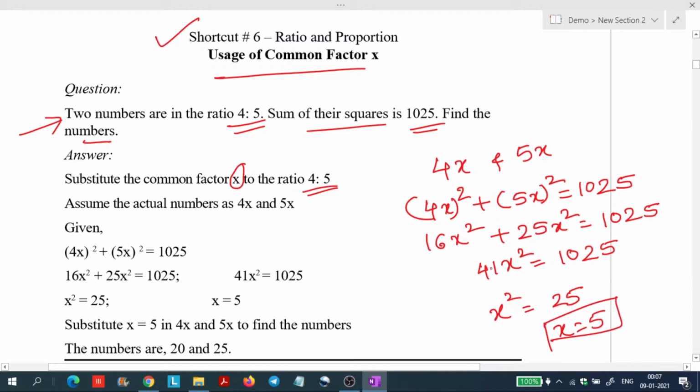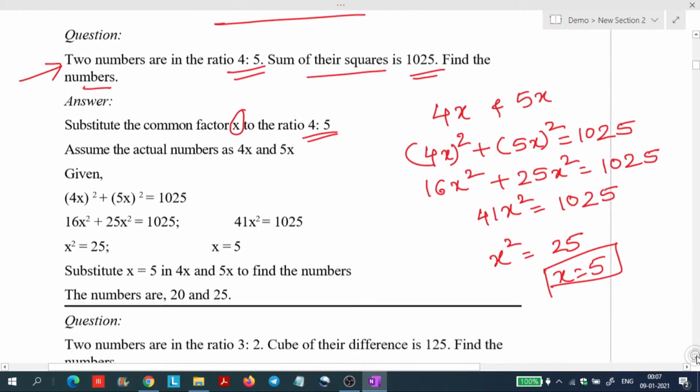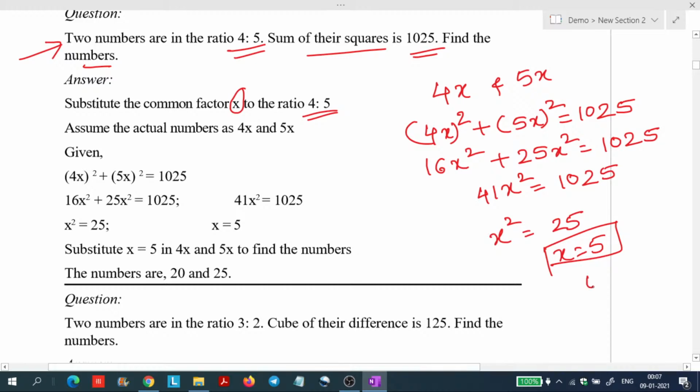Okay, so substitute this x value in 4x and 5x. So 4x, x is 5, so that is 20, and 5x is 25. The numbers are 20 and 25, so that is the correct answer.